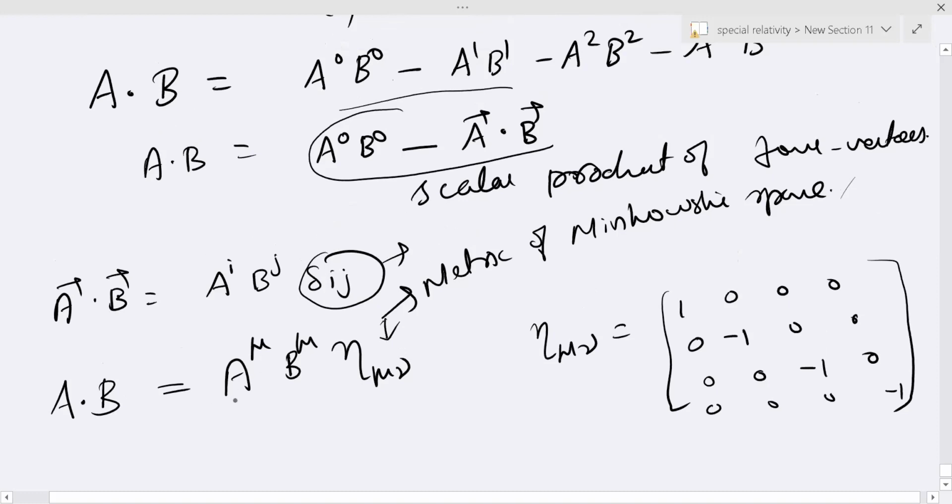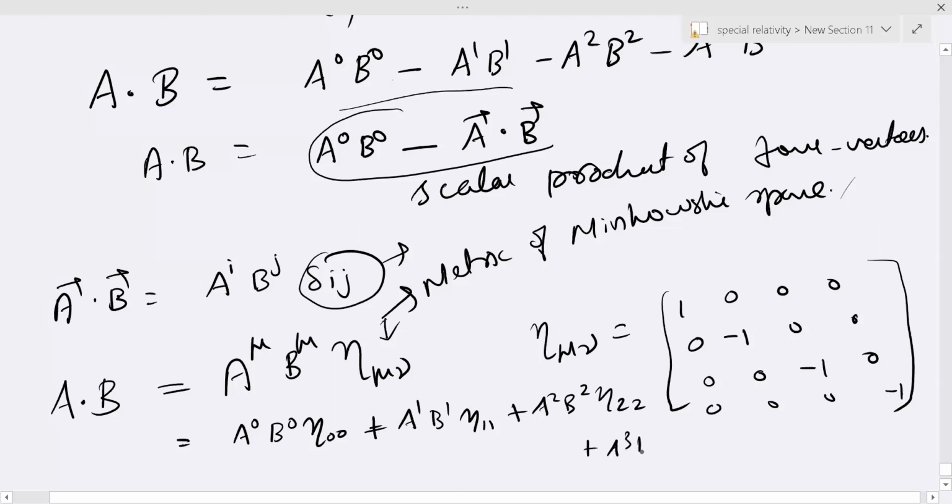Eta_mu nu also has this property: only the diagonal components are non-zero. All non-diagonal components are 0. So if you make the summation, the non-diagonal components will be 0. The only terms surviving would be a0 b0 eta_00 plus a1 b1 eta_11 plus a2 b2 eta_22 plus a3 b3 eta_33.